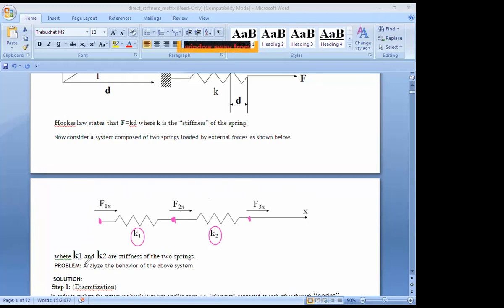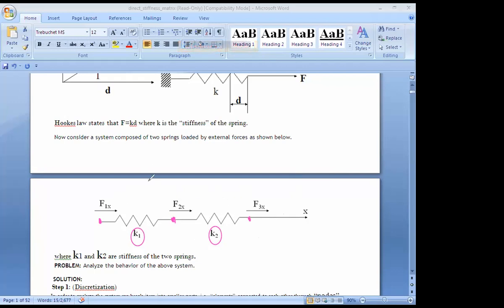So the problem we have is to analyze the behavior of this system above. Suppose we load this system of 2 springs with the forces shown above. What will be the corresponding displacements? Suppose we load the springs with these forces and these stiffnesses, K1 and K2.